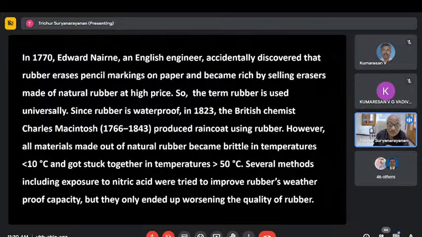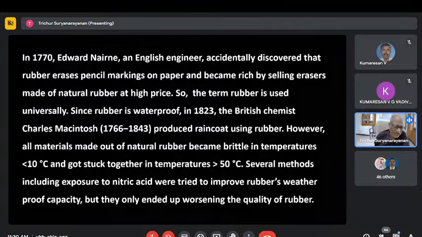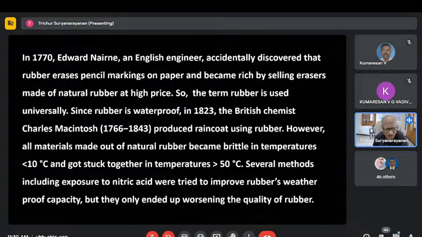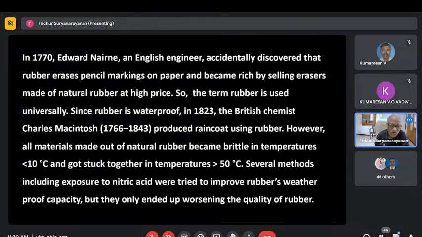And because of this, he became very rich by selling erasers made out of natural rubber. He sold it at a very high price and he became very rich. So, because it is able to rub the pencil mark, it was called rubber, and even today we use the term rubber.